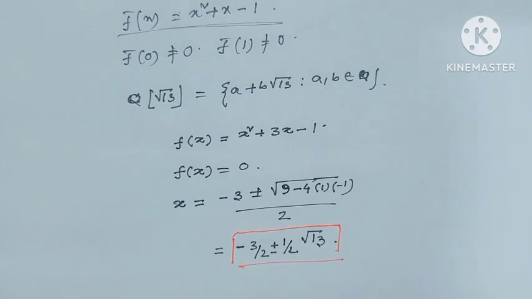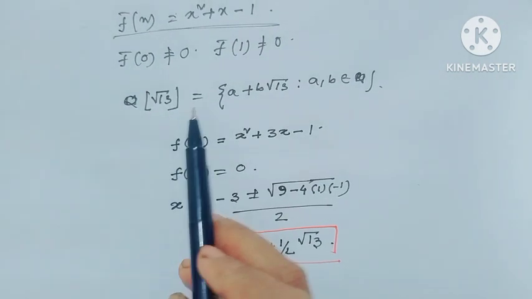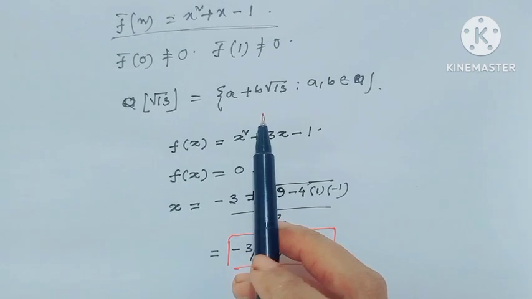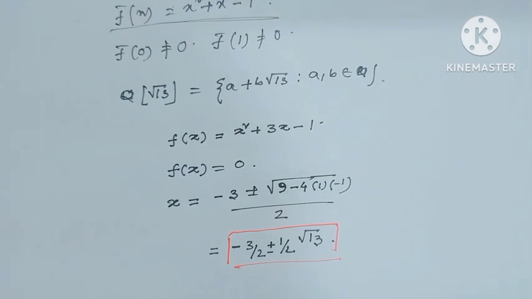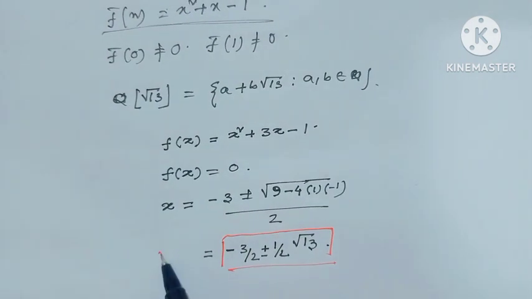Notice, we all know Q[square root of 13] means the elements look like a plus b square root of 13 where a, b belong to Q. This type of element.